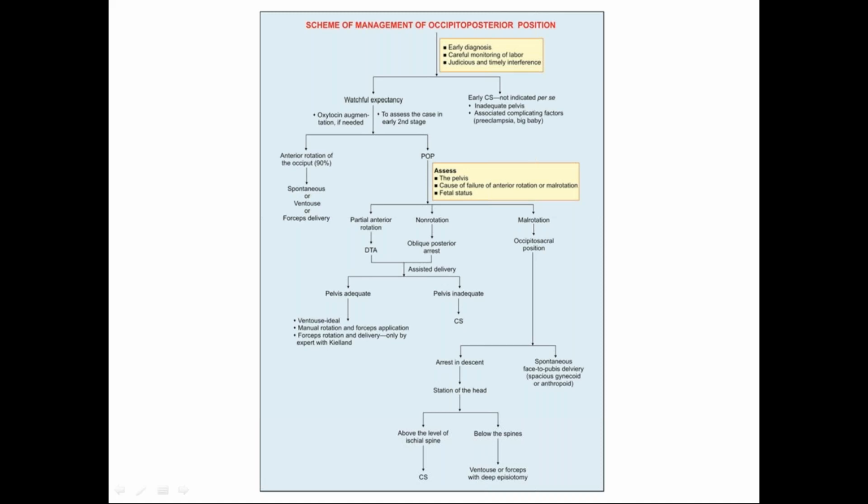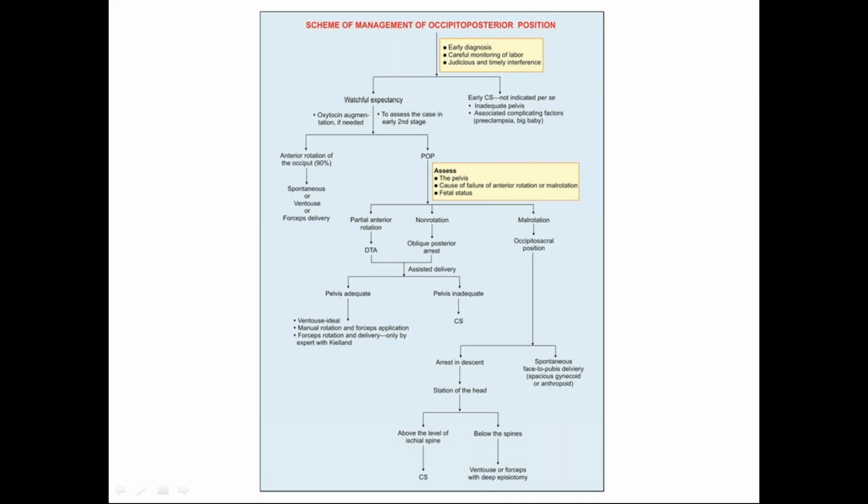Persistent posterior position may be incomplete internal rotation, deep transverse arrest, or non-rotation, oblique arrest. In this case, if the pelvis is adequate, ideally we go for manual rotation, either full hand rotation or forceps rotation.